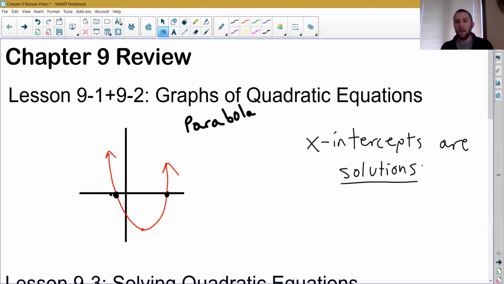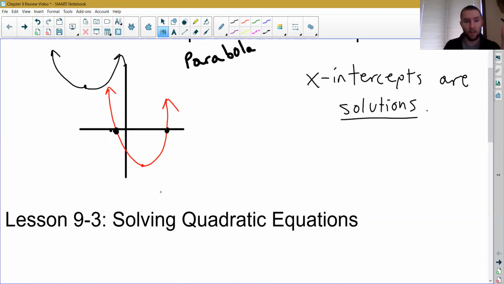So obviously, if we have a graph that never crosses the x-axis, if it starts up and goes up and never does cross this x-axis here, then those are the types of equations that have no solutions. So the graphs of a quadratic equation always look like parabolas, and where they cross the x-axis, the horizontal axis, is the solutions to the quadratic equation. So that's all we did with the graphs in this chapter.